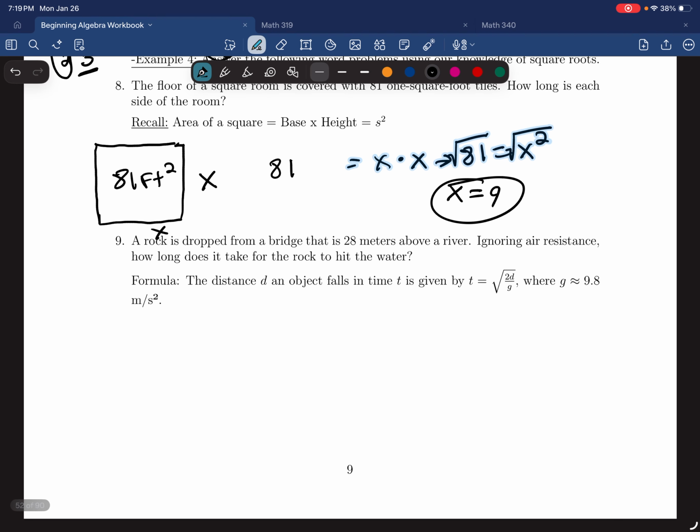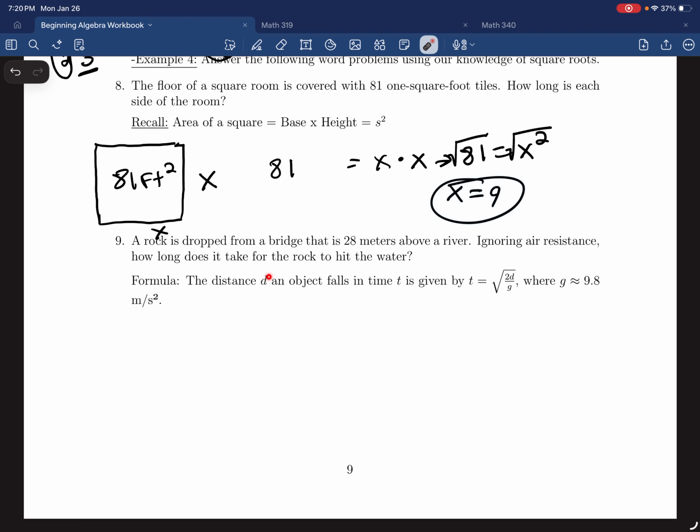And looking at example 9, we're given a rock is dropped from a bridge that is 81 meters above a river. Now, ignoring air resistance, we want to know how long does it take for the rock to hit the water. So, given the distance d, an object falls in time t is given by this equation.